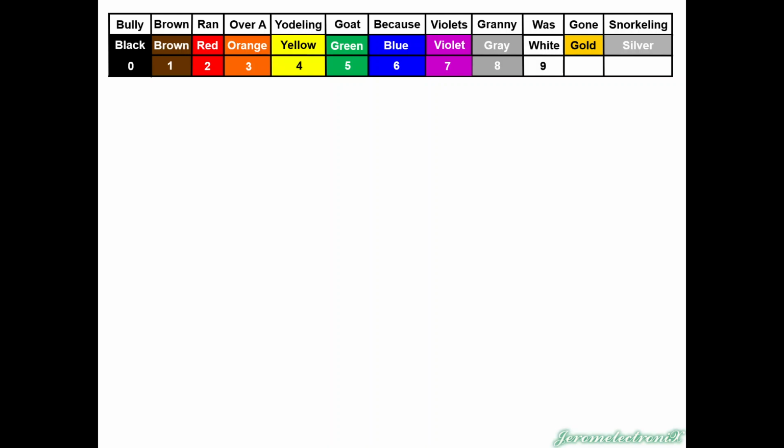Well, we've pretty much run out of symbols here, but write down that gold represents 0.05 or 5%. Silver is 0.10 or 10%. Okay?